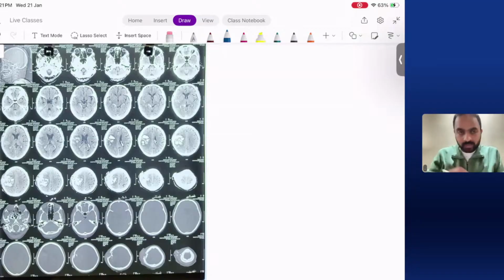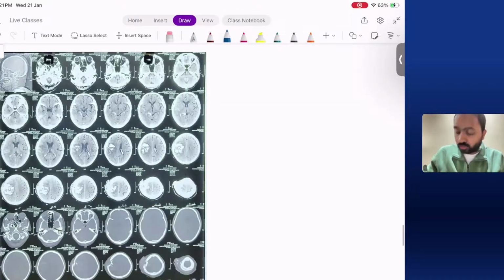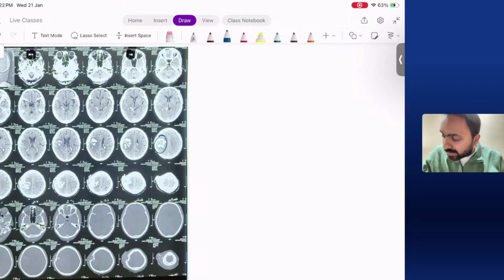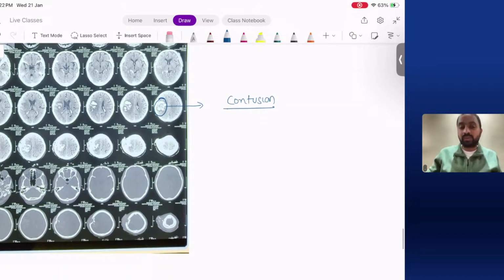So if you look over here, the first finding that I can grossly see is this big contusion. Why am I saying it to be a contusion? Because see, it is not homogeneous, right? It is actually heterogeneous, so I can say it to be a contusion. Also, another factor that is helping me to tell is, see, if you look over here, this is a depressed fracture.